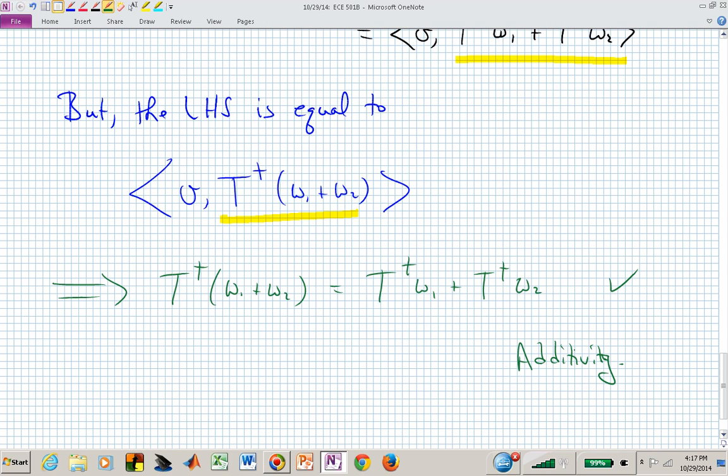So I'm saying that we have now shown that these two inner products are equal and that the first slots are the same. So that must mean that the second slots are the same.